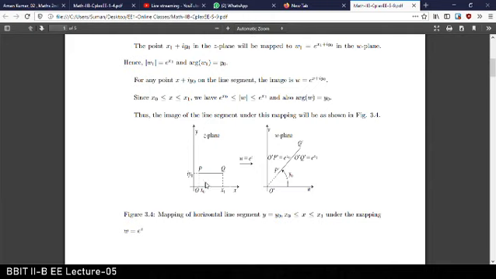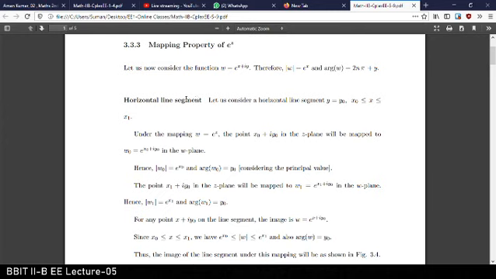What will be the image of this line segment? First we consider a horizontal line segment where y is always fixed at y0, and x is changing between x0 and x1.